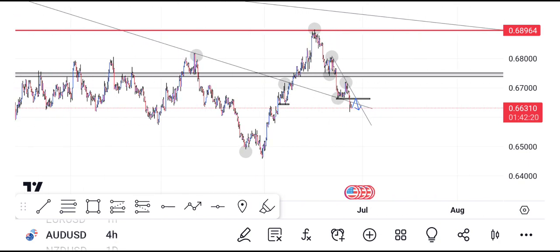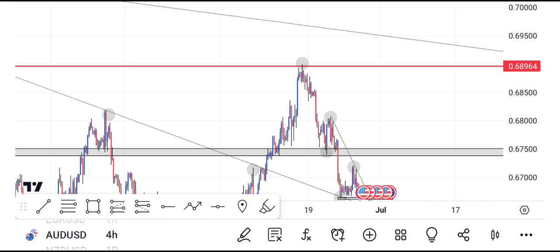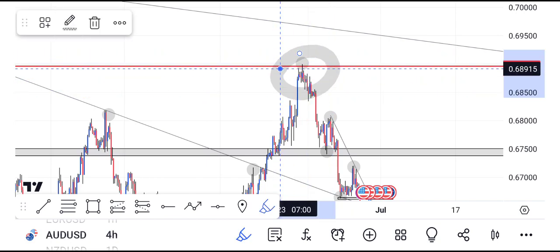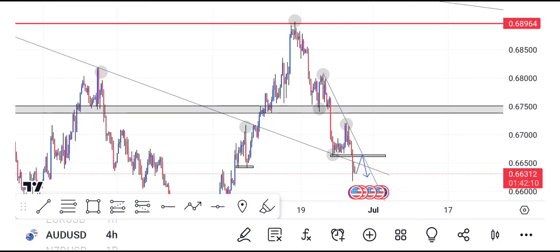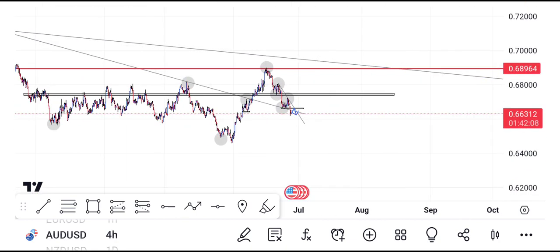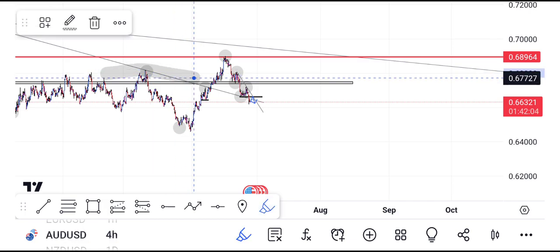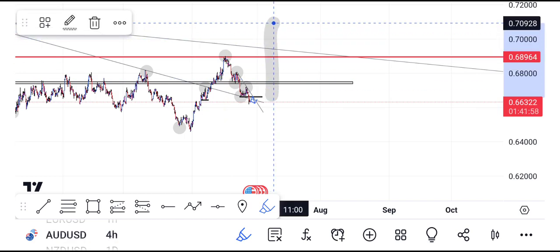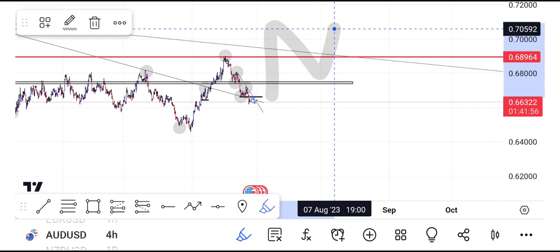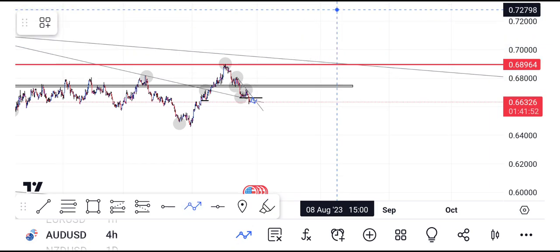If price doesn't continue with that trend, I will wait for price to break this high over here, and then that will be a confirmation that price was actually shifting direction when it broke this level here. It was actually a shift in direction, and then we will be looking for price to give us a new higher high, higher low, higher high, and so forth.